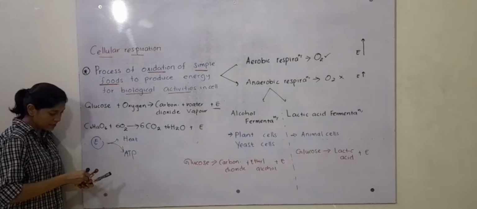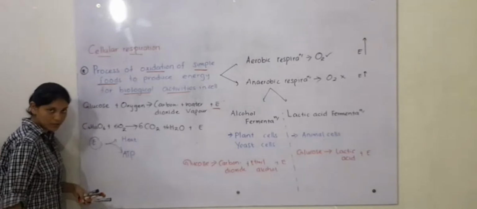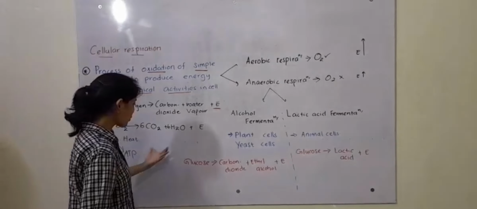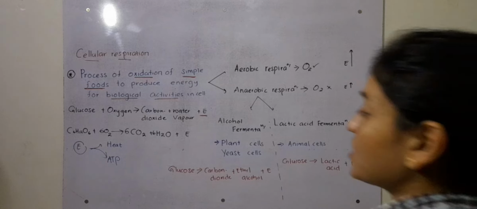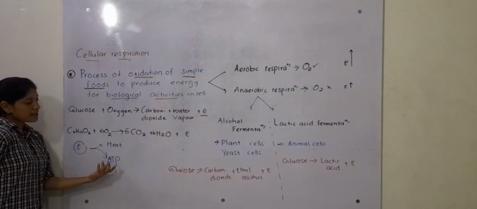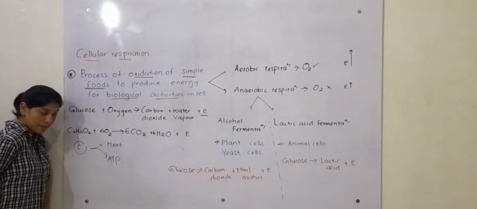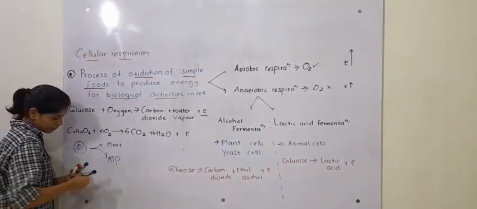ATP is the form of storing this energy, adenosine triphosphate. When there is an energy requirement, ATP is going to break down and produce energy. This ATP acts as an energy carrier.